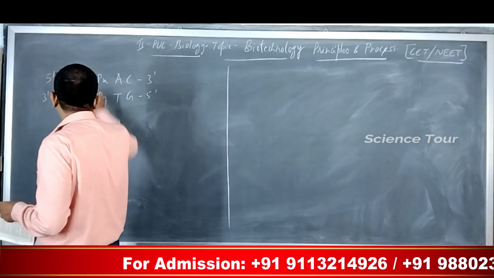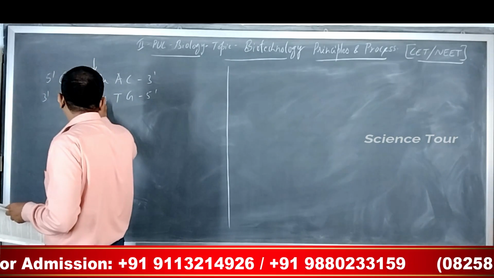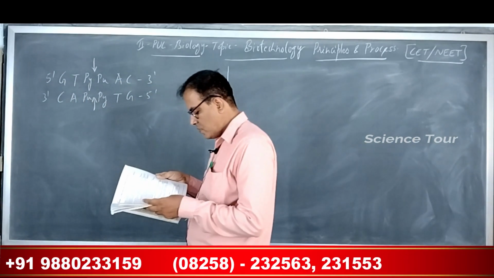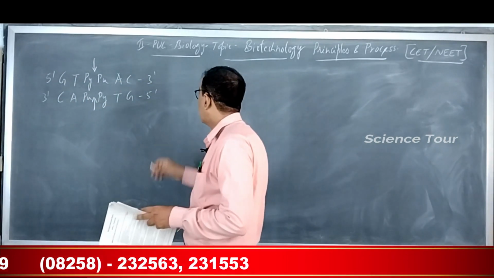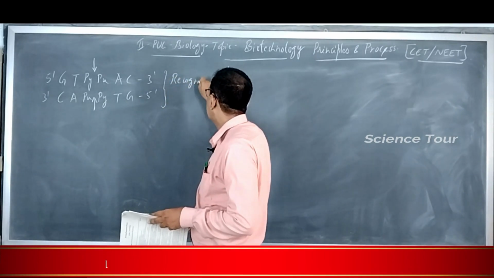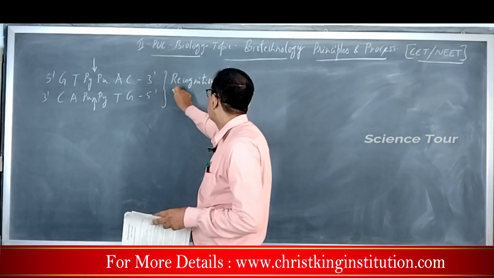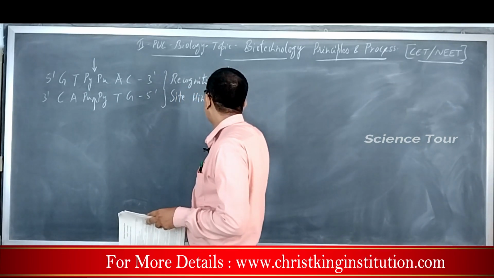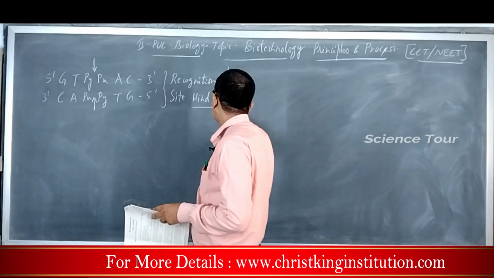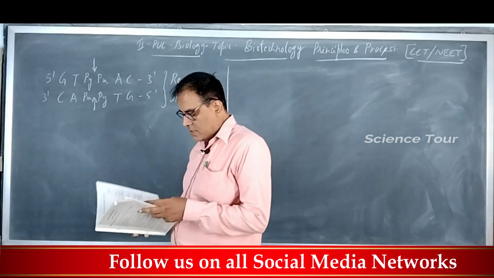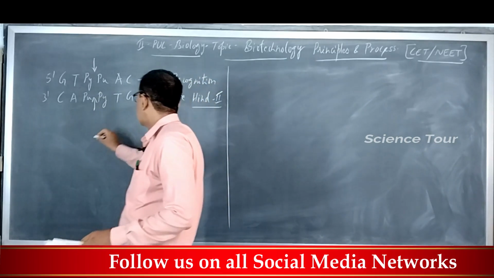Now it will make the cut at this particular point, see here. So this is the recognition site, the recognition site for the enzyme HindII, that is Haemophilus influenzae Rd type 2 restriction endonuclease. Which are the purines?